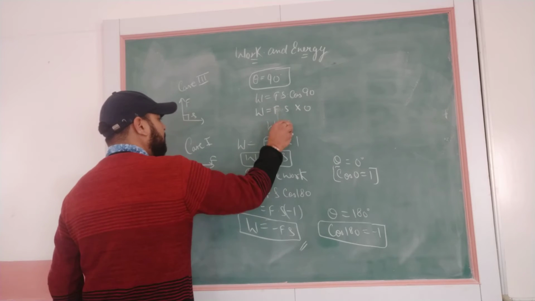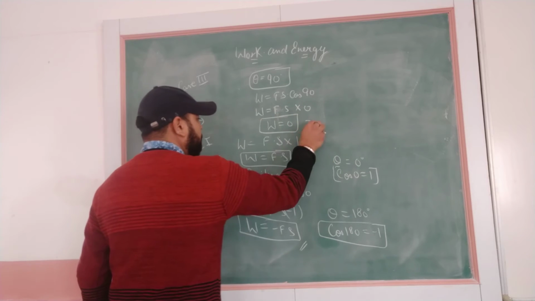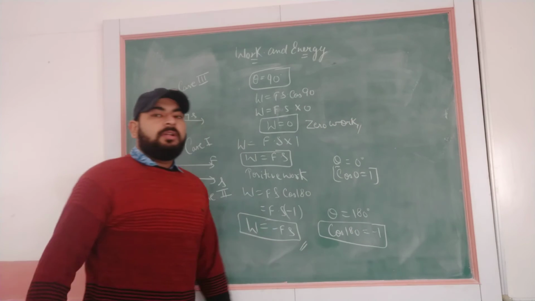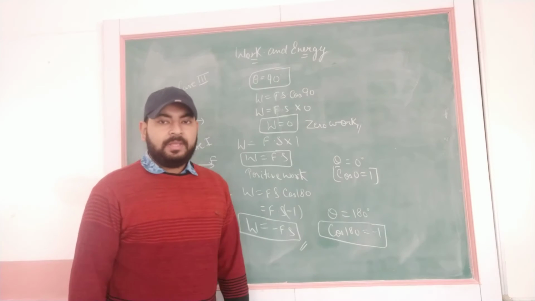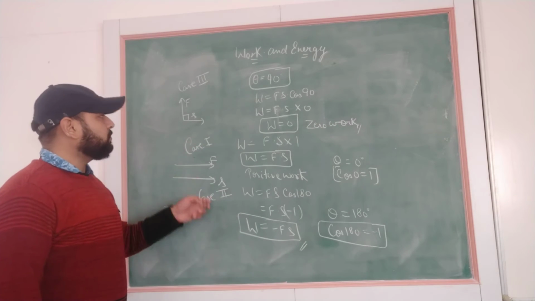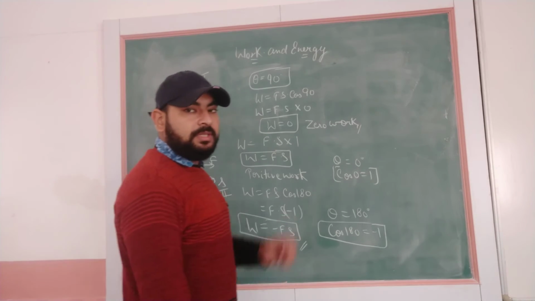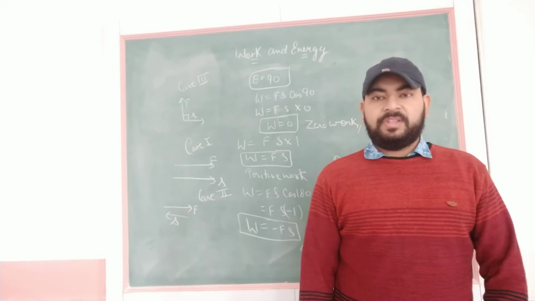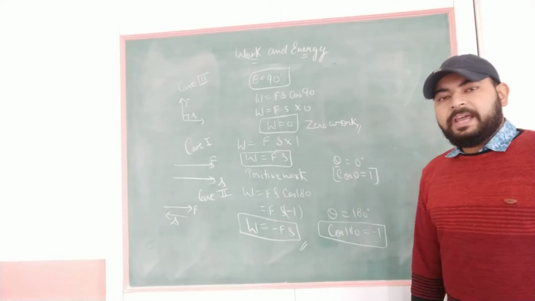So work done will be equal to 0. We will say that zero work is being done in such cases. Alright. So please note down these 1, 2 and 3 cases of work done according to the scientific concept of work. Then we will head on to the next topic, and that is energy.